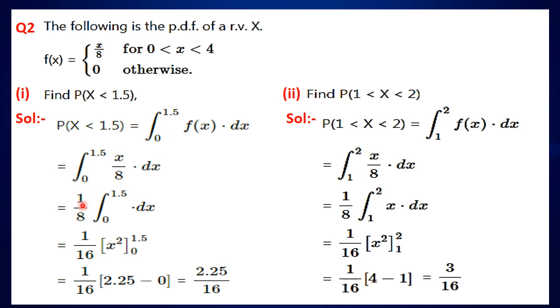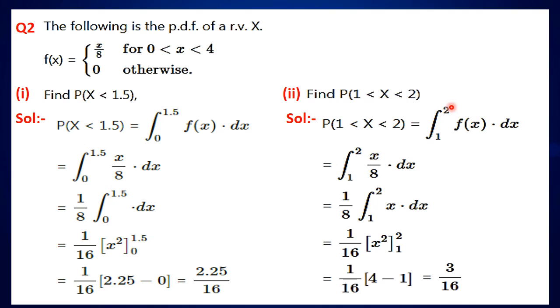So 1 by 8 into the integral of x dx, which is x square by 2, and 2 into 8 is 16 here, and apply the limits. So 1.5 square is 2.25, minus 0, giving 2.25 upon 16. And the second one, P(1 < x < 2), means we have to integrate from 1 to 2.